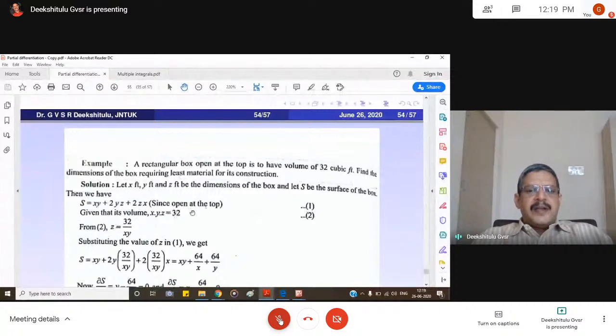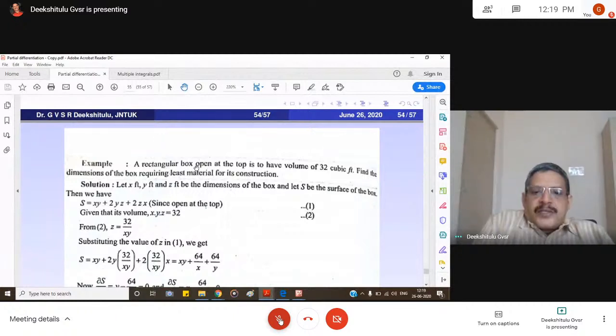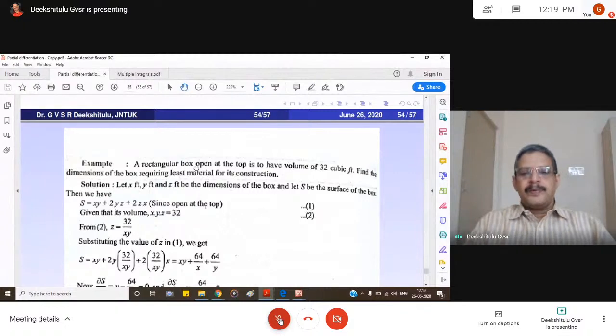What is the least material required? Material required is the surface area of the box. And how many surfaces does a box have? In fact, 6: one side, this side, this side, this side, top and bottom. 6 sides we have, but it is mentioned that the box is open at the top.